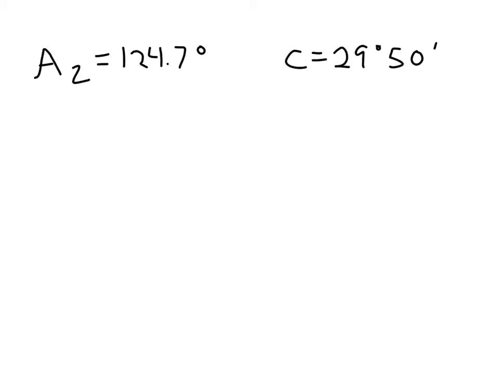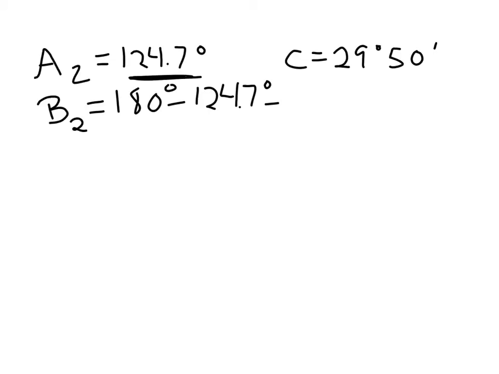And then side A and side C. But if you have two of the angles, then it's best to find the third angle. So this angle B2 is going to correspond to this scenario for A. So you do 180 minus the 124.7 minus 29 degrees and 50 minutes, so 29 and 5/6 of a degree. Enter all that into your calculator and you get 25.5 degrees.